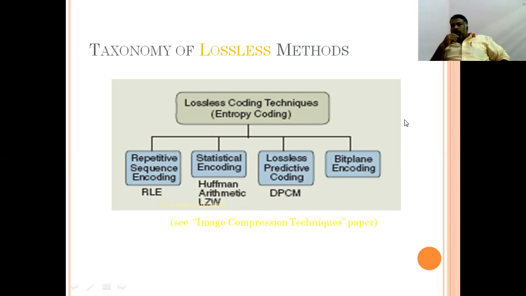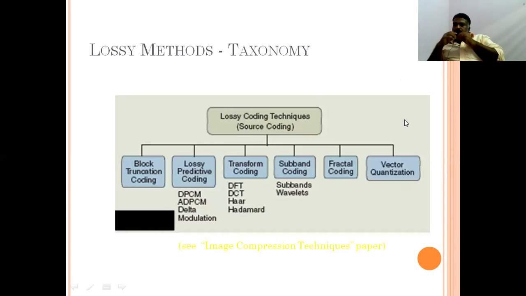Lossless predictive coding, discrete pulse code model, then bit plane encoding. All of this comes under the heading of lossless methods or lossless image compression. This image has been taken from the paper Image Compression Technique. The source of this picture is represented below the diagram.